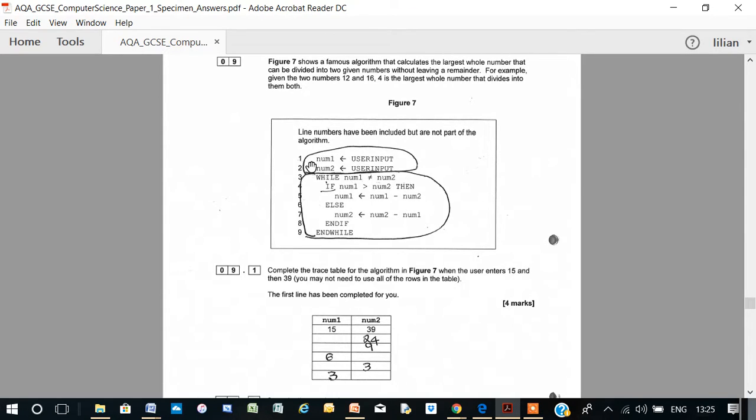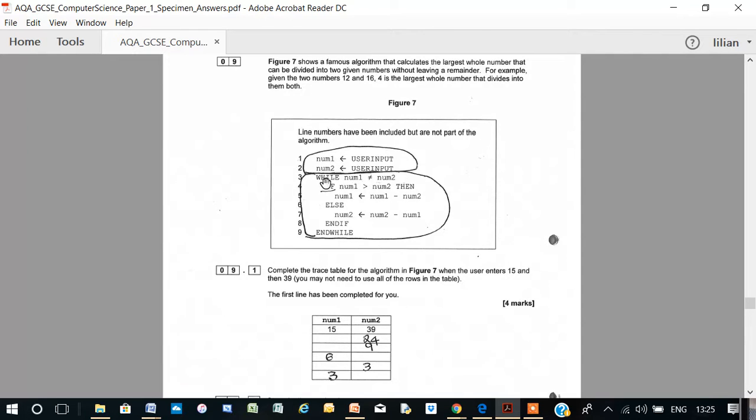Let's analyze it. Draw a circle around this. These are the input statements, and then the processing, a while loop, and an if within a while loop. Later on in question 9, you're asked where does the selection start? Line 4 with the if statement. Where does iteration start? Line 3 with the while statement.